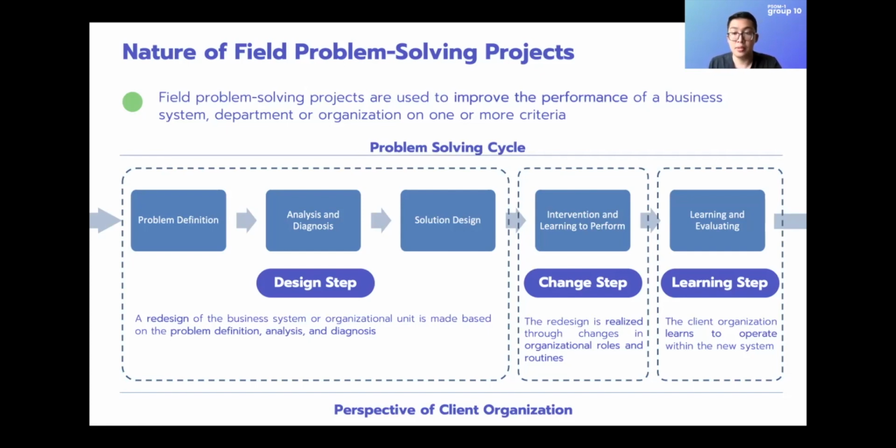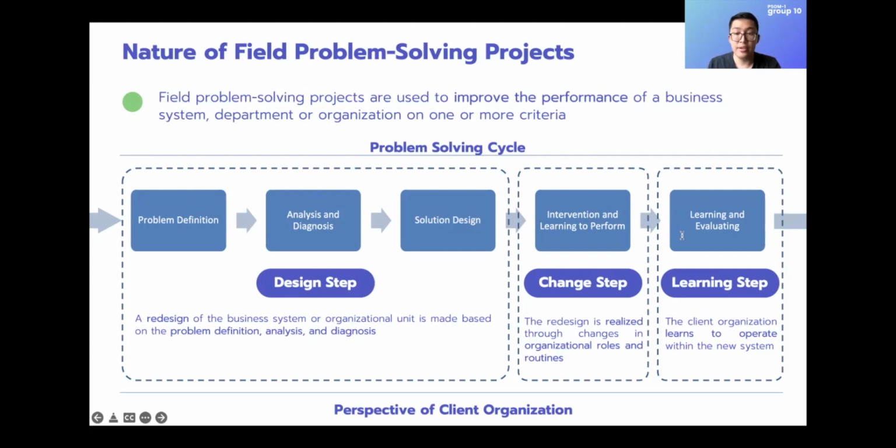These are steps 1, 2, and 3 of the problem-solving cycle, and this is also the step that students are usually responsible for. For the change step, which is step 4 of the cycle, the redesign is realized through changes in the organizational roles and routines, plus the possible implementation of new tools or information systems.